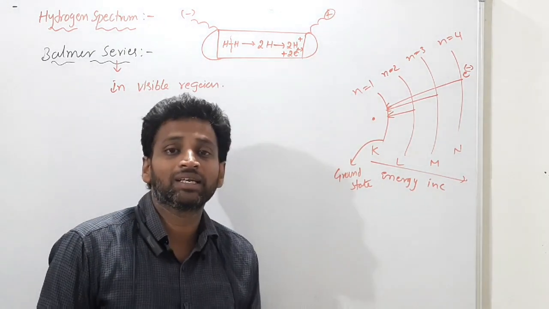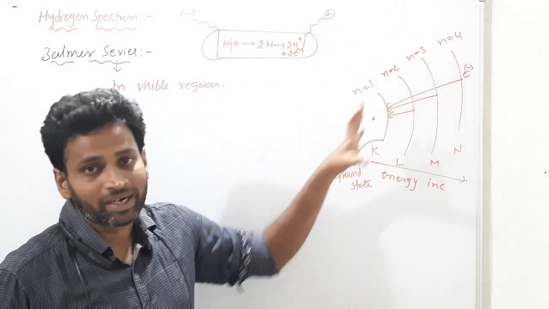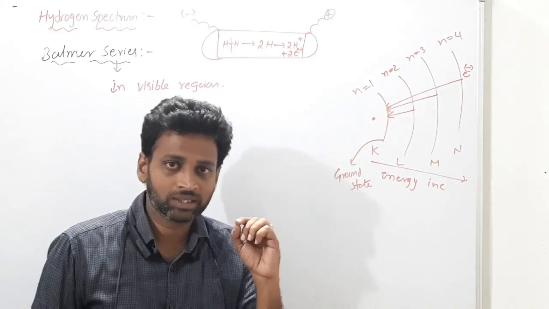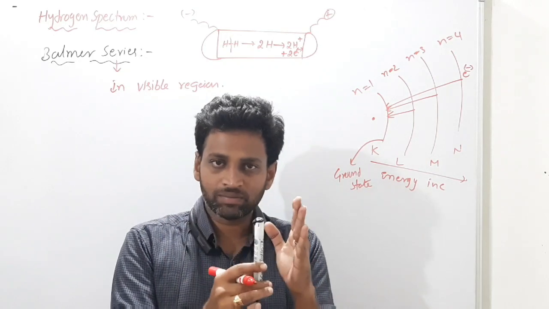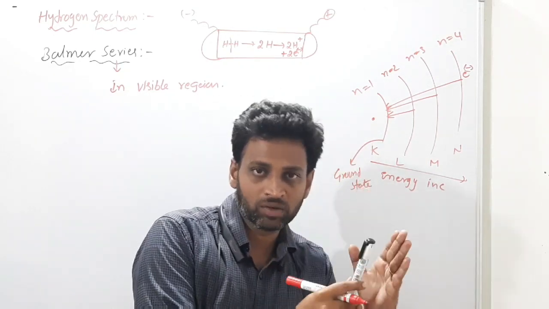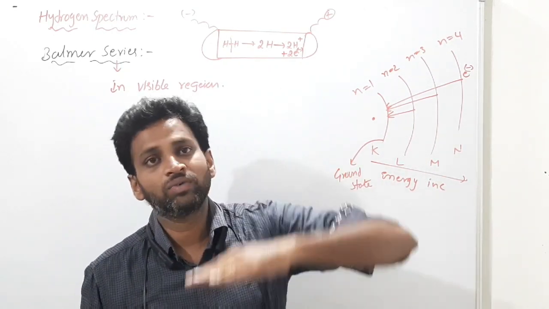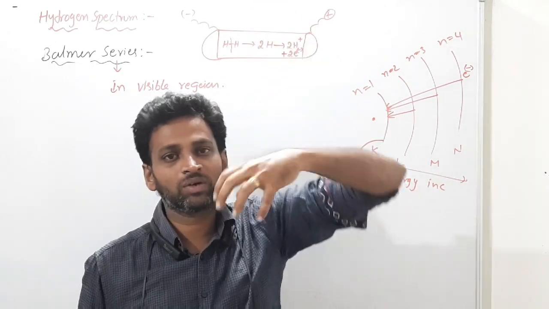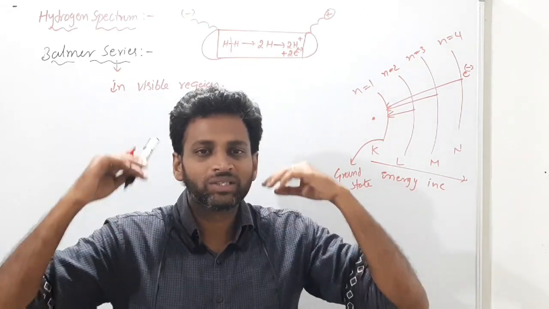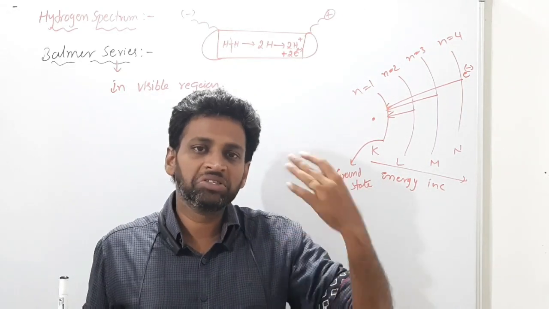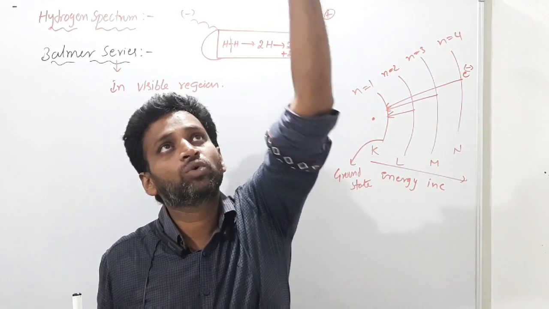So one last time, I am telling: hydrogen molecules dissociate into hydrogen atoms, converted to hydrogen ions and electrons. Electrons will jump to higher energy levels because they are absorbing energy. Because the electrons are ejected, they are more free, and more free means they have more velocity. They will go to a higher energy level.